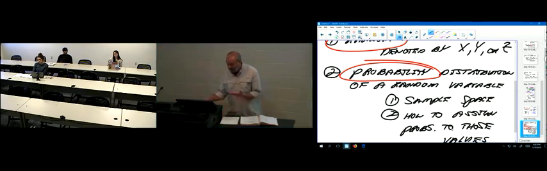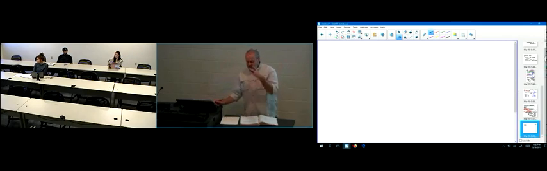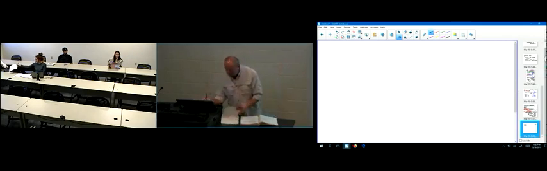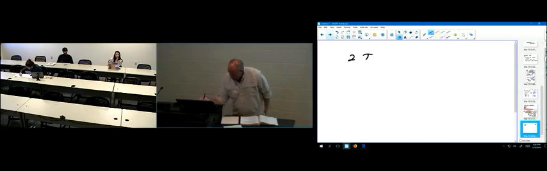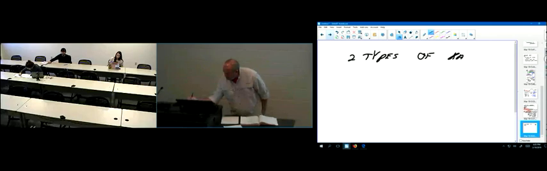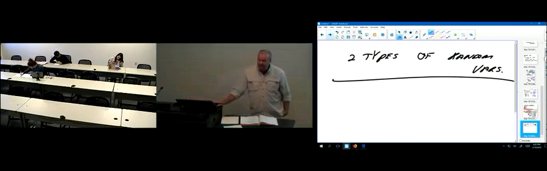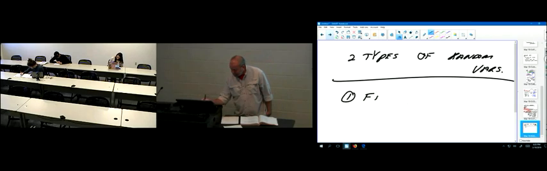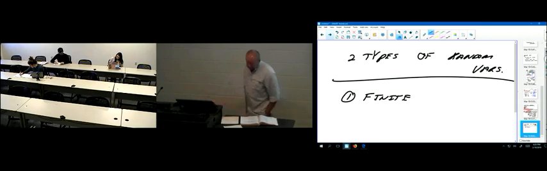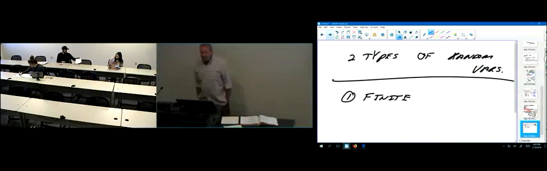Now, it turns out, just like there are two types of probability models, there are two types of random variables. Any thought about what the two types are? Well, there's a finite random variable.